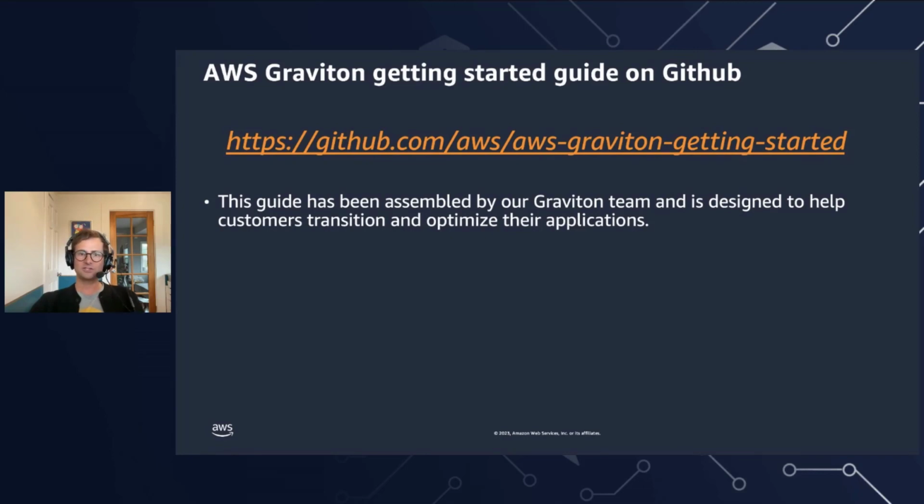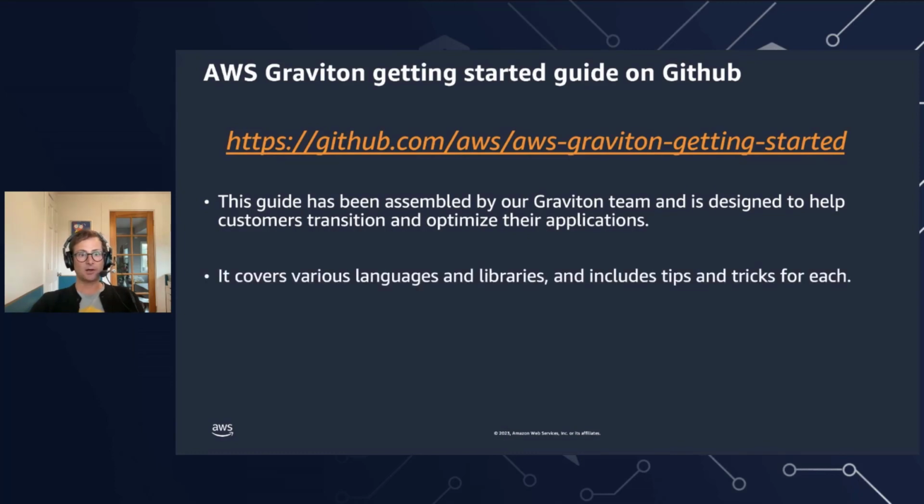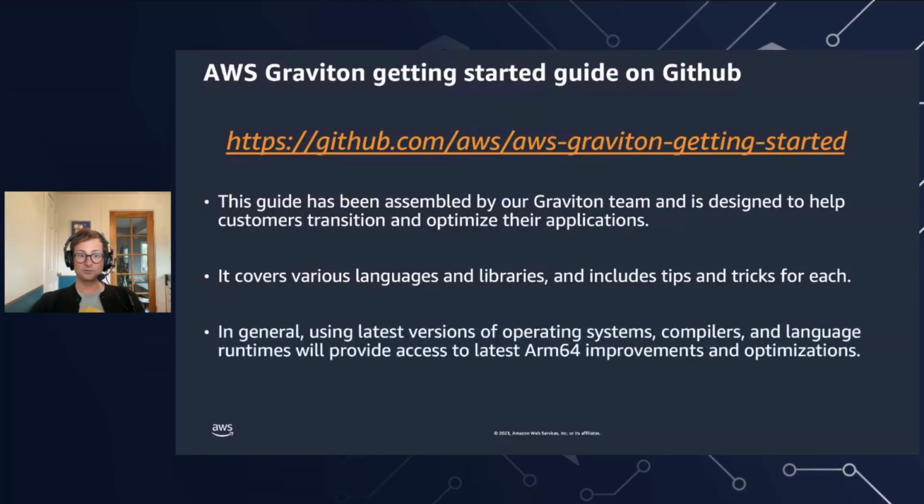So it covers a ton of different areas, including various languages and libraries, tips and tricks for those languages and libraries, how to compile your application the right way, what versions we do recommend, links to various blog posts and explanations, those kinds of things. Don't hesitate to use it.